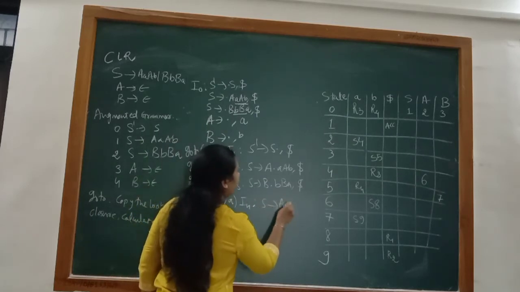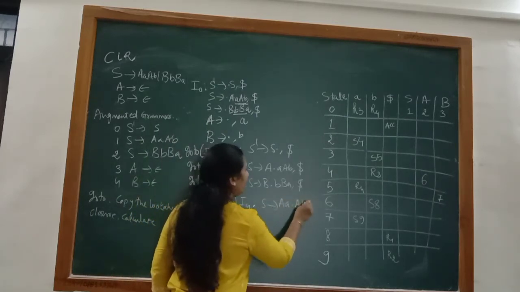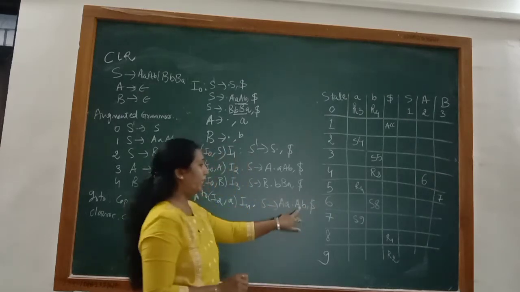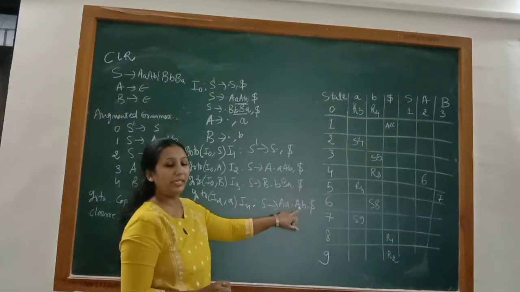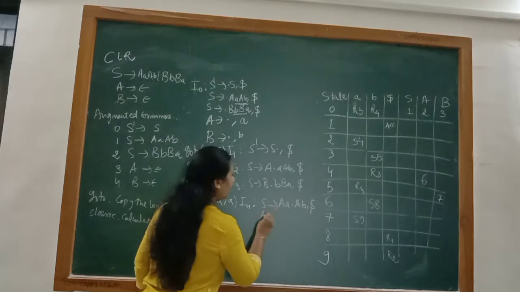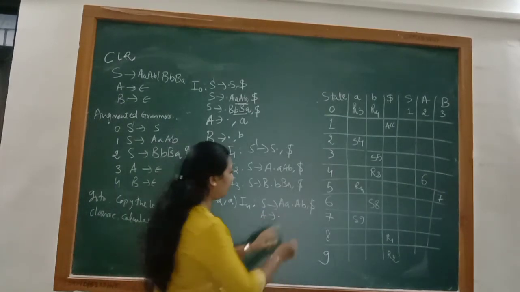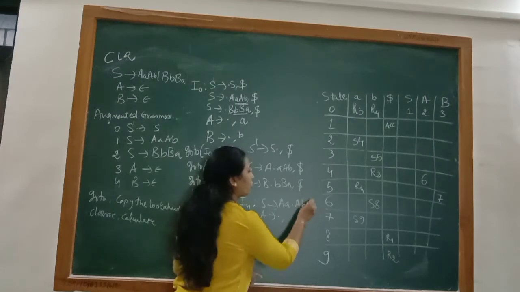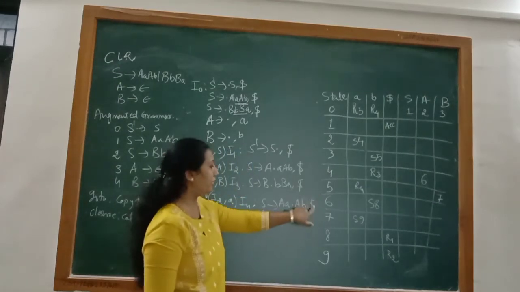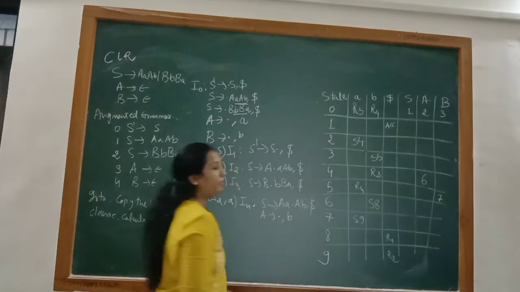S2 A dot A B and dollar. Now again this is non-terminal A, so I need to apply closure. A2 dot is a operation. Here the look ahead would be from first of beta A. So first of B dollar is B, so it would be B.